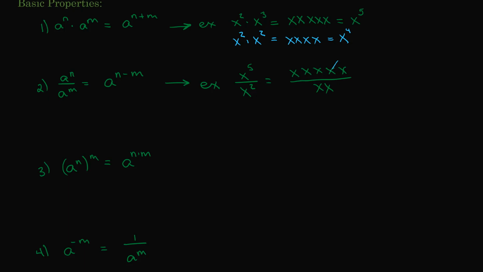And what you could do is you could just cancel out a couple of these, and that will then produce x to the third. And as you can see, if you come back to our original setup here, 5 minus 2 will give you x cubed.